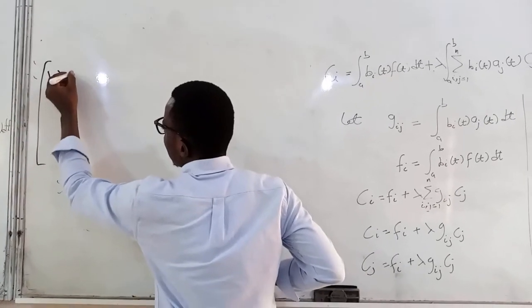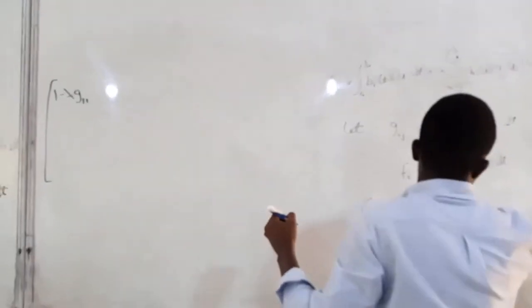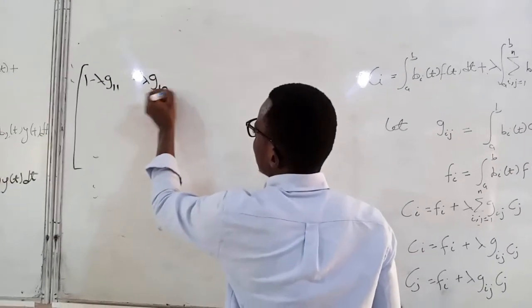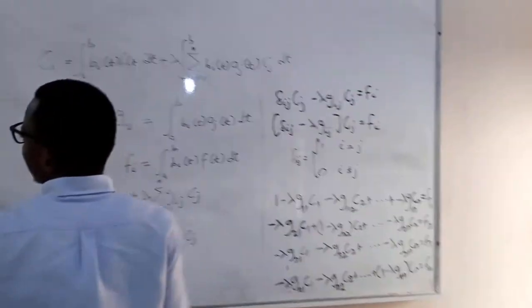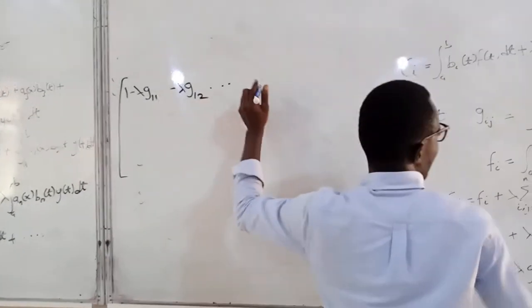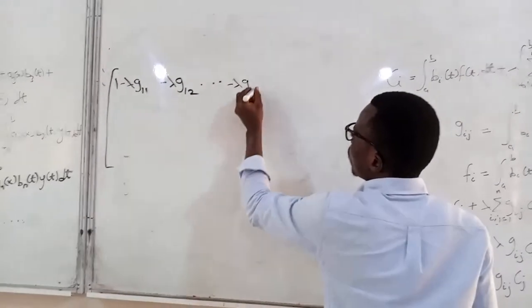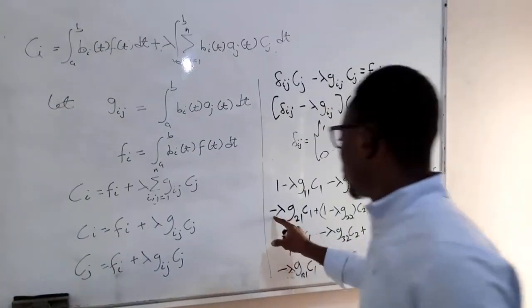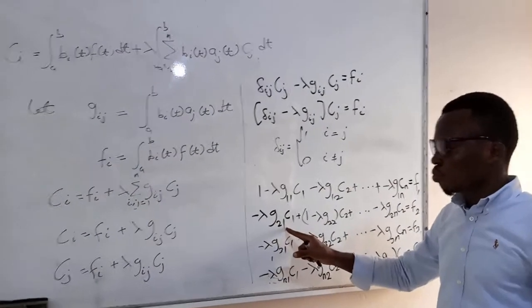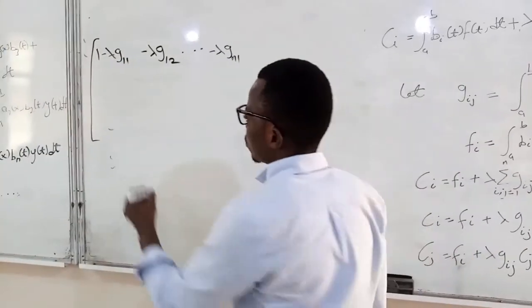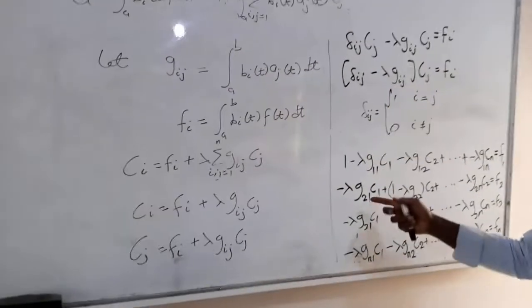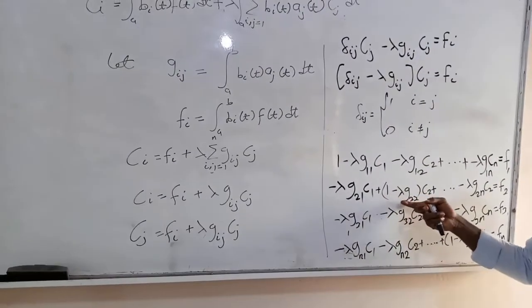Moving on to the next one, having minus lambda j12, up to the n term, we're going to have minus lambda j n1. Then let's come to this equation. We're going to have minus lambda j21 as a first entry on the second row. And our next term on the second row is 1 minus lambda j22.